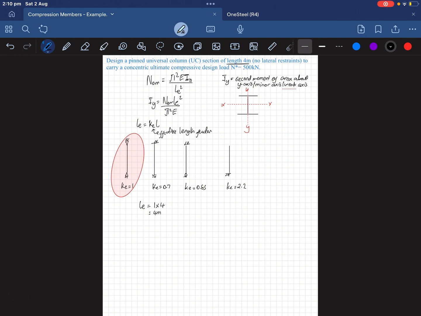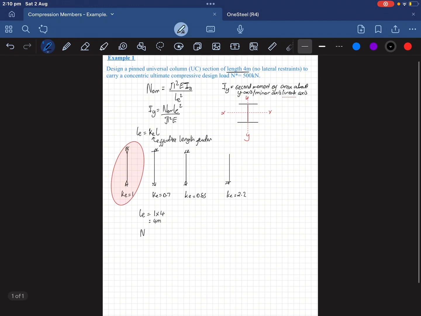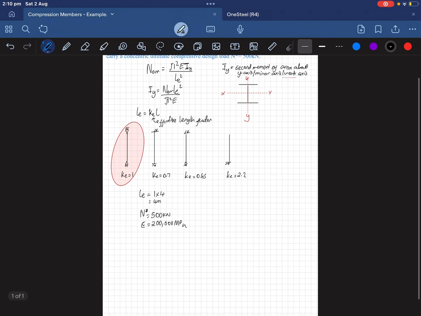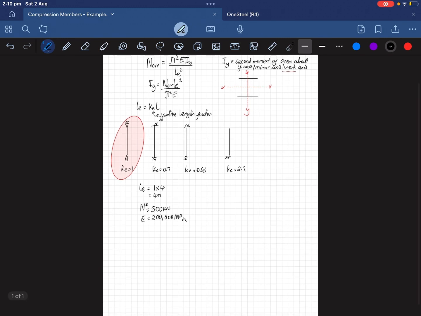All right. Now, we have the effective length as 4 meters. We have N star is 500 kilonewtons. We have E as 200,000 MPa. Therefore, we can plug these into this equation here, and we can solve for IY.